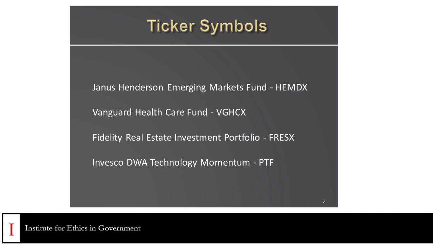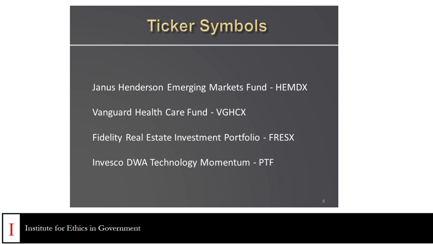While we don't require ticker symbols on financial disclosure reports, they are helpful. Please keep in mind that if a ticker symbol is provided on the entry, it should match the fund name. Here are examples of our 4 funds and their ticker symbols. When you see a ticker symbol with 5 letters with an X at the end, such as HEMDX for the Janus Henderson Emerging Markets Fund, then you should feel confident that you have a mutual fund.